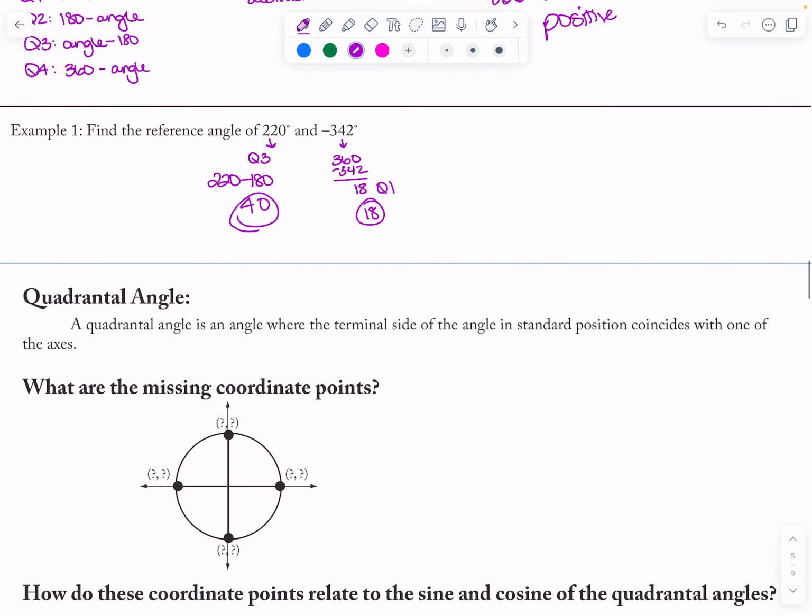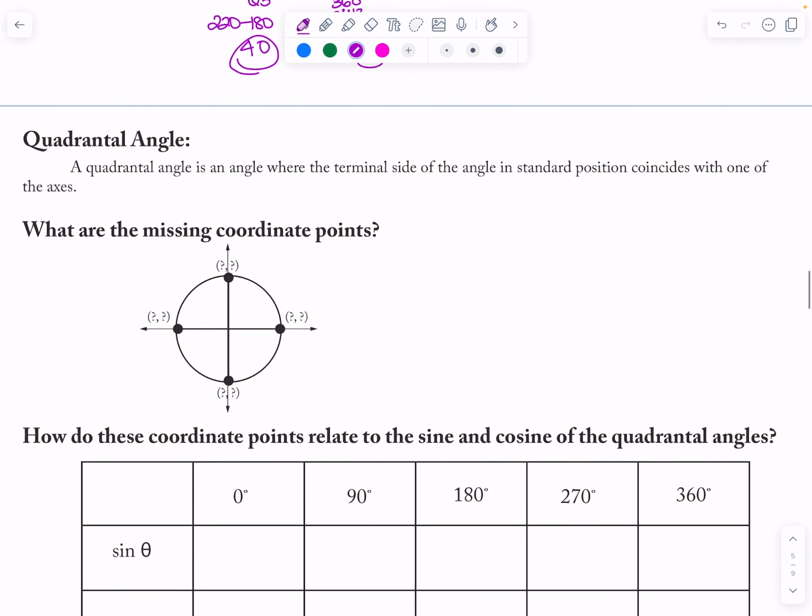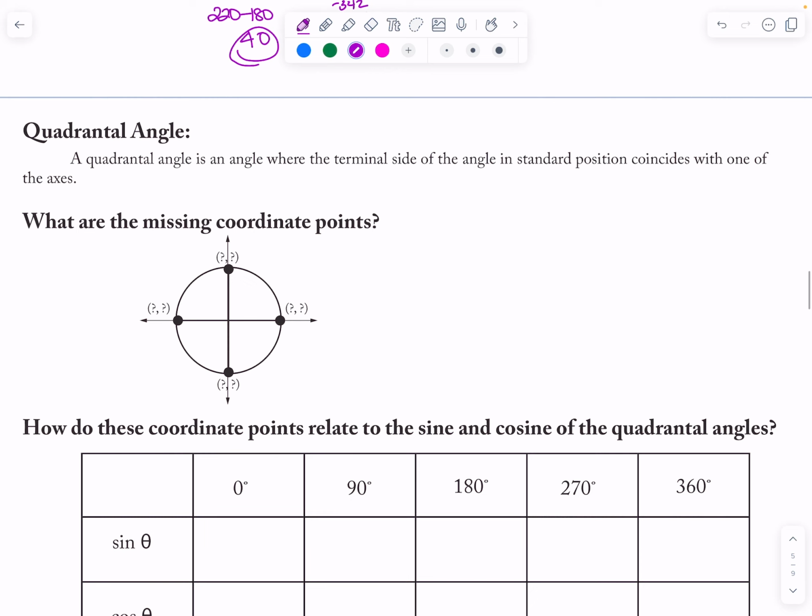Okay. Now, I'm going to use the unit circle, so I'm going to make a circle of radius 1 to show you what the values are for all your 90-degree angle measurements. If I'm on 0 degrees, this coordinate point is 1, 0.